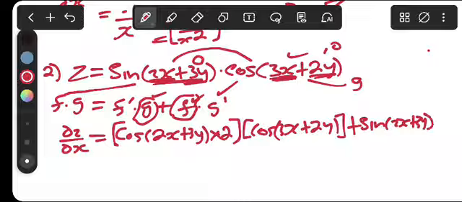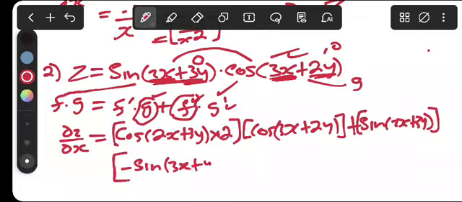All right, now we'll take what? The derivative of the last one, of the cos. Then that will be equal to what? We'll write here, at the bottom, continuing here. Multiply, this will be negative sine 3x plus y.